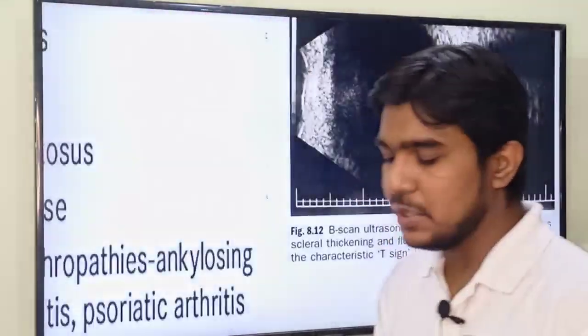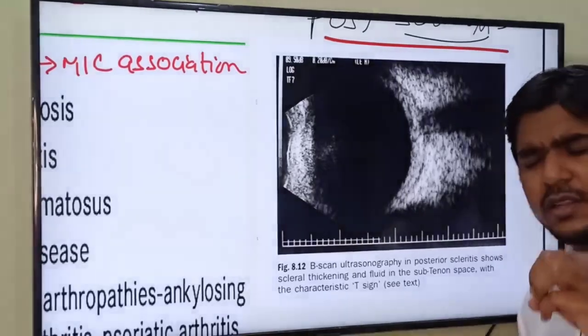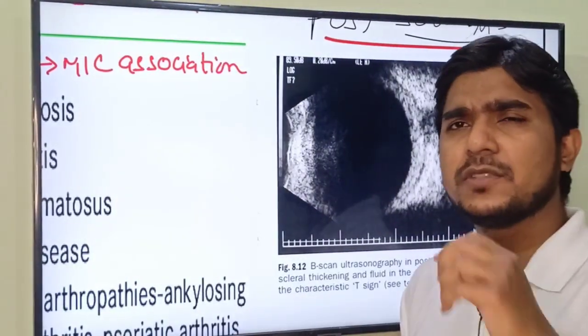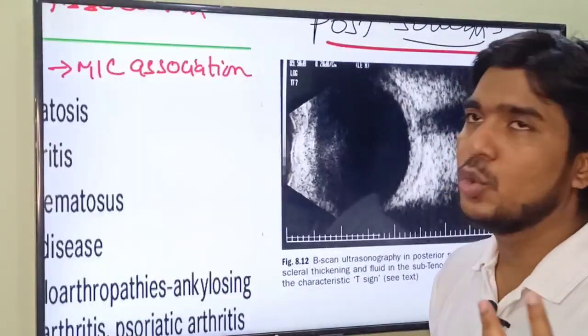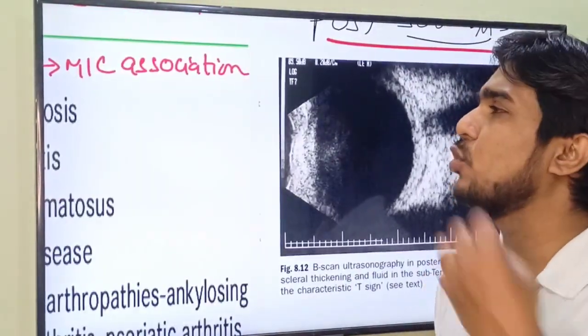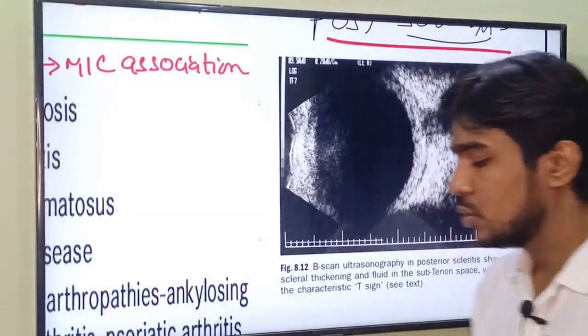One important thing I must tell you: in the exam they will often give you an ultrasonographic photo along with a clinical scenario, and you have to diagnose or give the most common systemic association. This cannot be a one-liner.